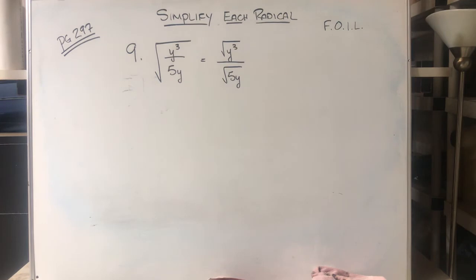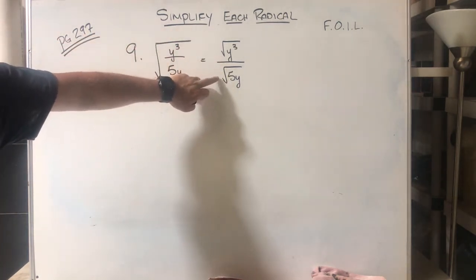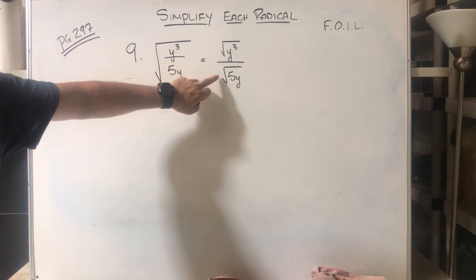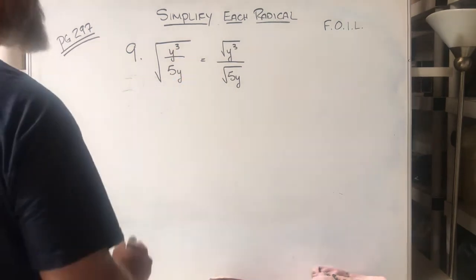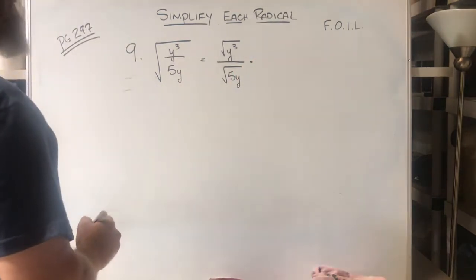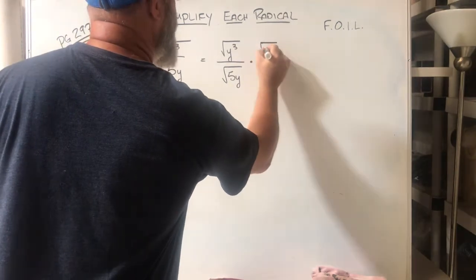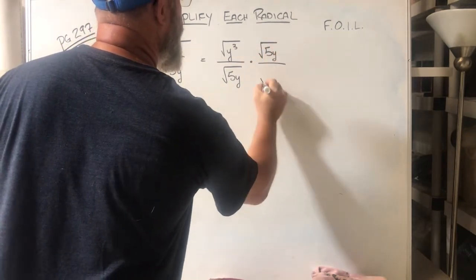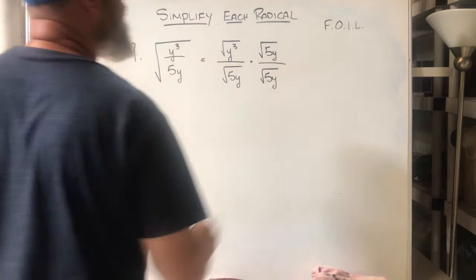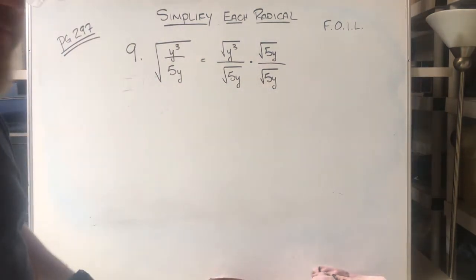And remember, we cannot have a radical in the denominator. So we're going to multiply this fraction by 1, using square root of 5y over the square root of 5y. And that's going to get this radical out of the denominator.